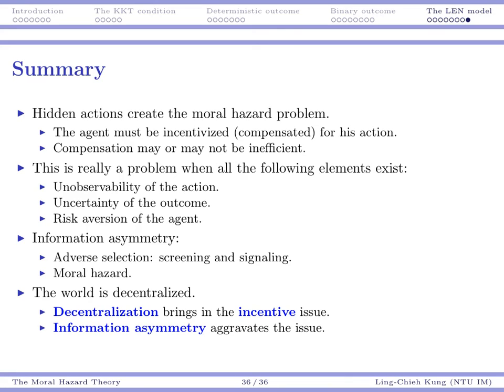And we have all kinds of ways to deal with the incentive problems, basically mechanism design or contract design. And information asymmetry would aggravate the issue, would make your contract design problem harder, okay, because there is something you don't know. Then you really need to design more complicated contracts, and that's the whole thing of this series of lectures.